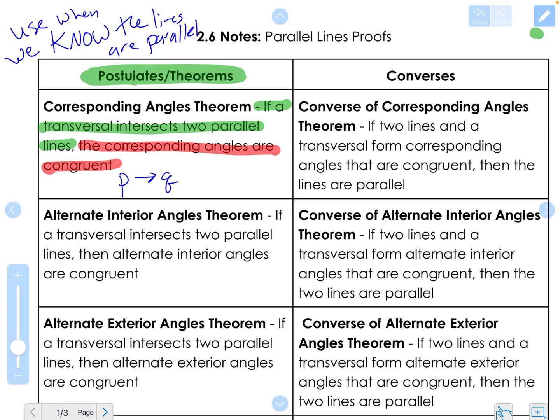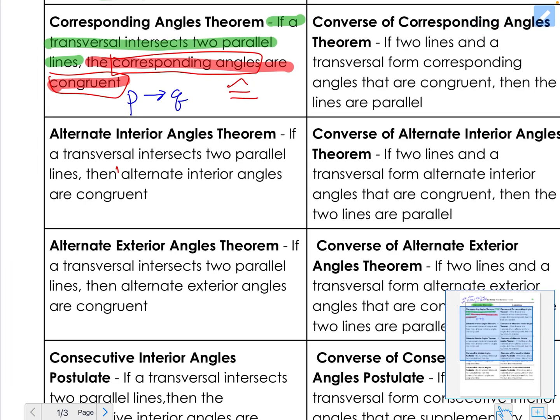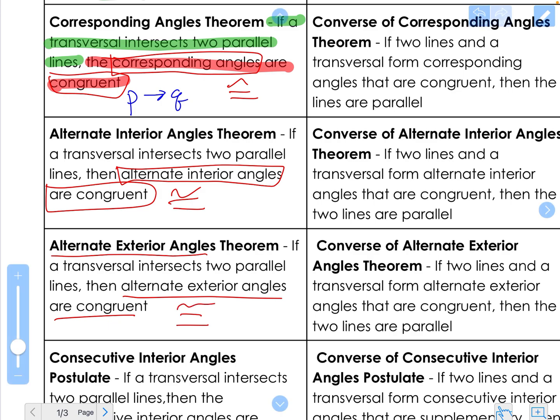When we know the lines are parallel, then we know that our corresponding angles are congruent. When we know that the lines are parallel, then we know that alternate interior angles are congruent. When we know that the lines are parallel, we know the alternate exterior angles are congruent.